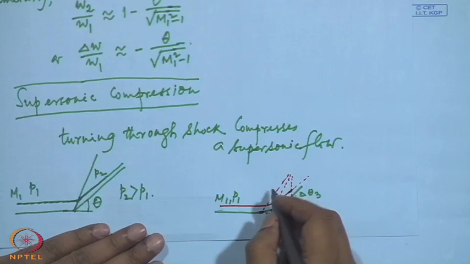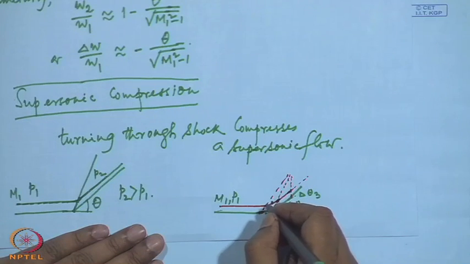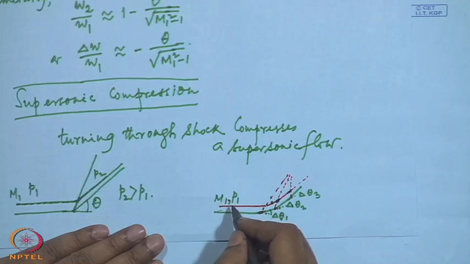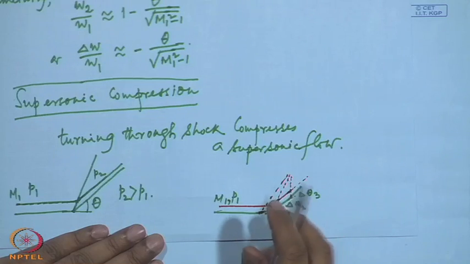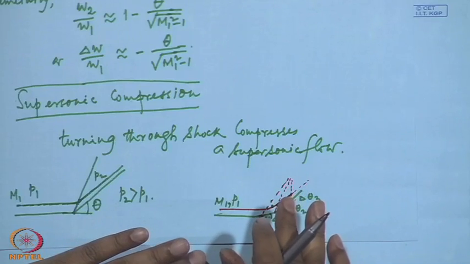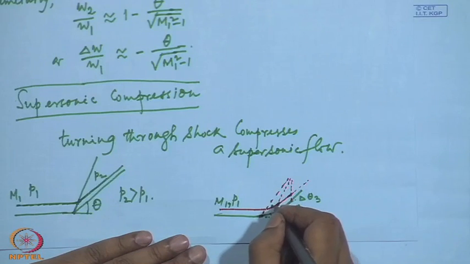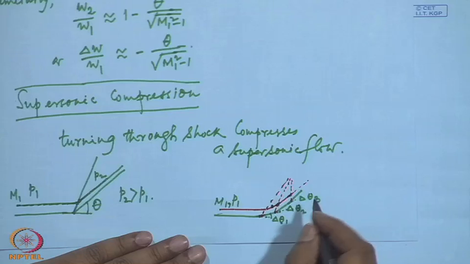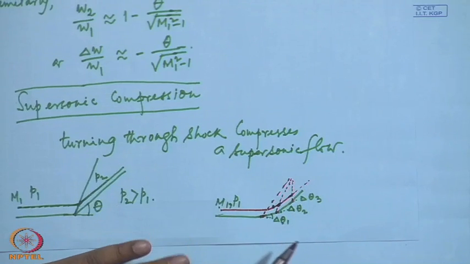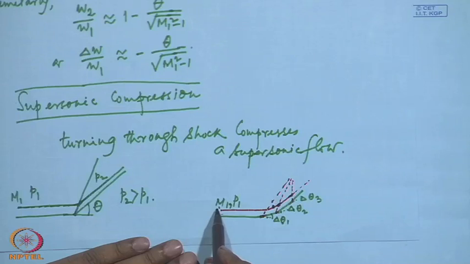Now, after passing through this first shock, the Mach number will decrease. We will assume that the Mach number remains supersonic throughout. However, the Mach number here, that is downstream of the first shock, will be smaller than the Mach number upstream of the first shock.